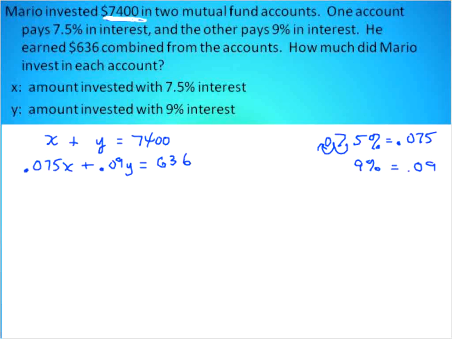Alright, so let's work on getting rid of the y. To do that, we're going to multiply the top equation by negative 0.09.